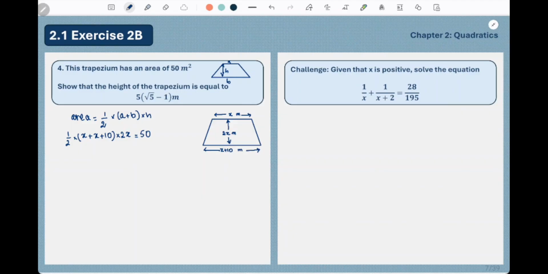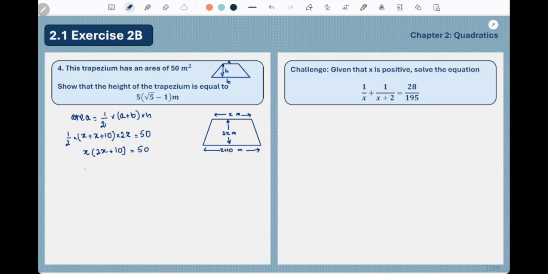As of now, I haven't done anything yet. I've just added A to B and multiplied by the height. Now it's time to simplify. 1 over 2 times 2x is x, okay? And this is (x plus 10), things inside the bracket, and this is 50.